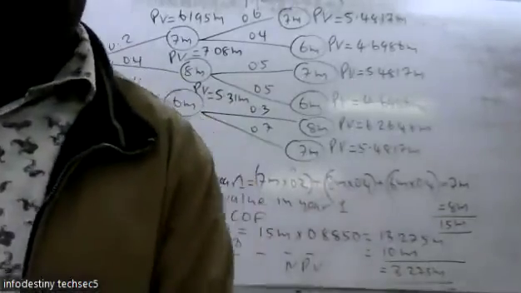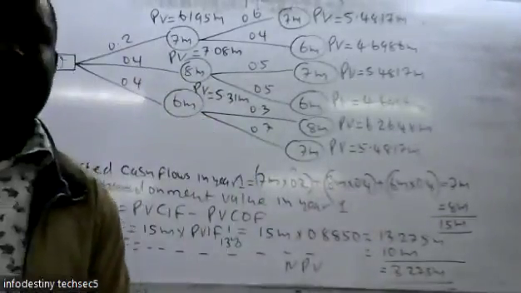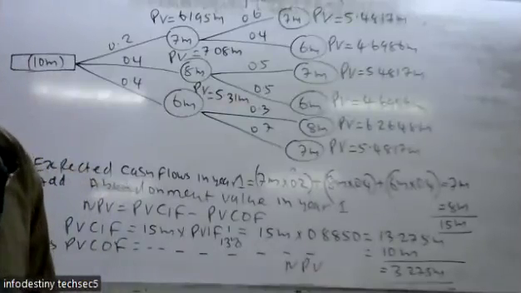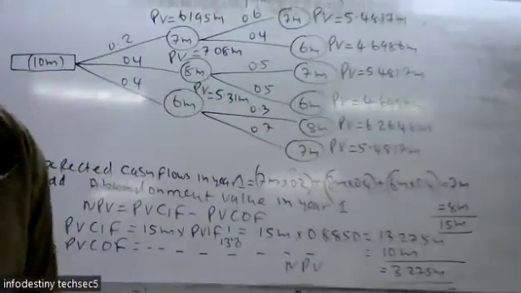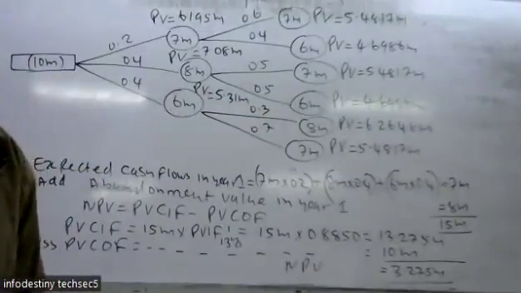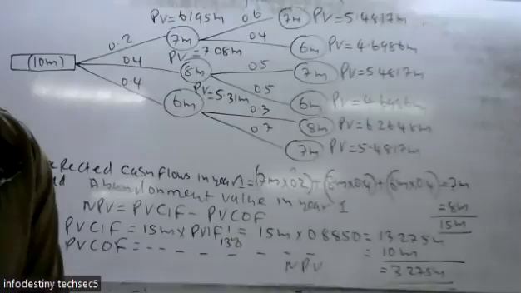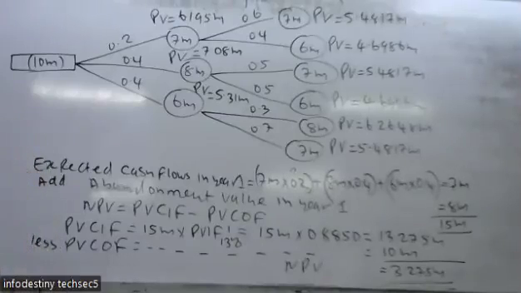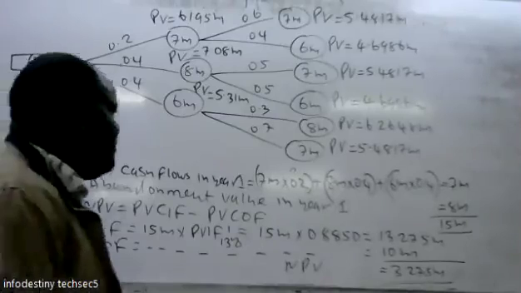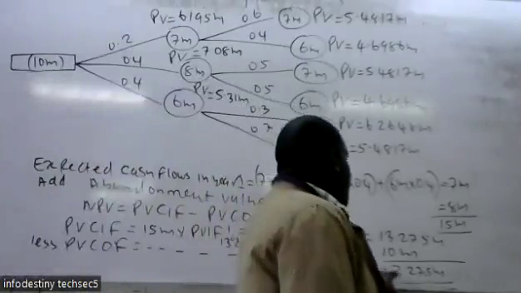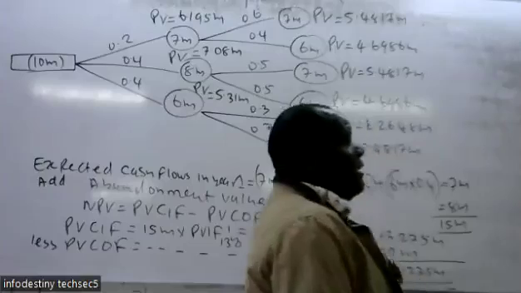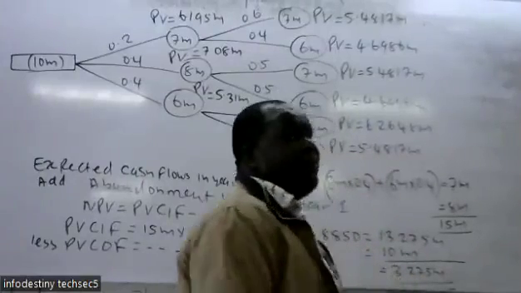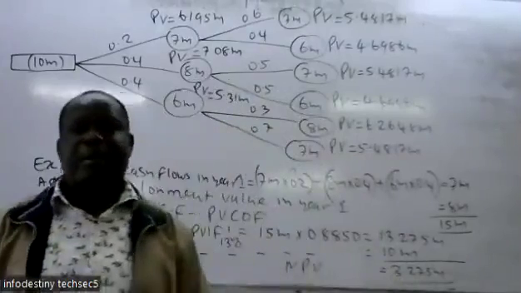You remember the 1.551404. So now when we go back to the Roman letter 2, they are saying that using suitable computation, justify whether abandonment of the project is viable. You can see this NPV with the abandonment is higher than NPV without the abandonment.